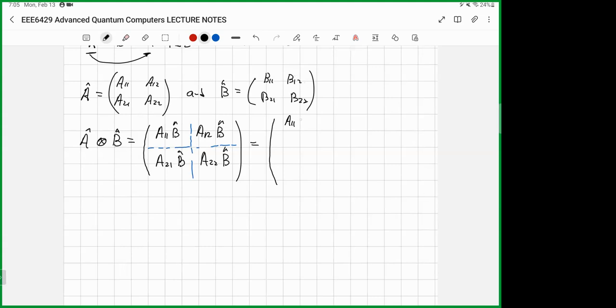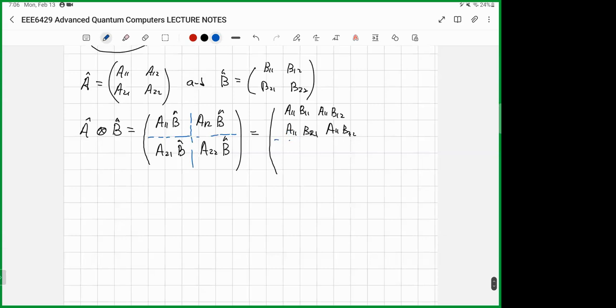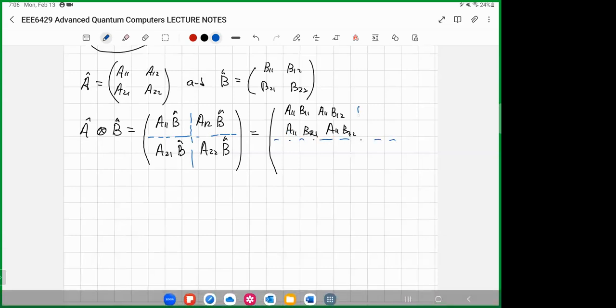It gives me this matrix: A11 B11, A11 B12, A11 B21, A11 B22. This is the first submatrix.